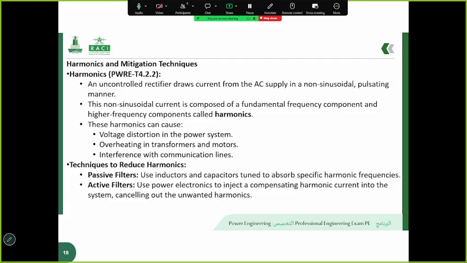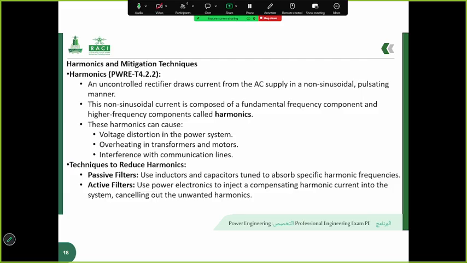This non-sinusoidal current can be mathematically expressed as a combination of a fundamental sinusoidal component at the supply frequency and several higher order frequency components, which are known as harmonics.